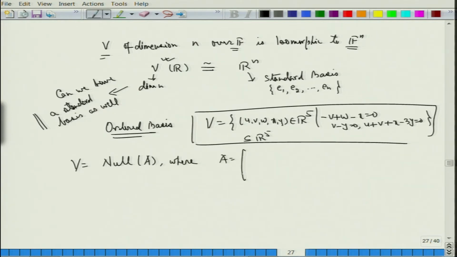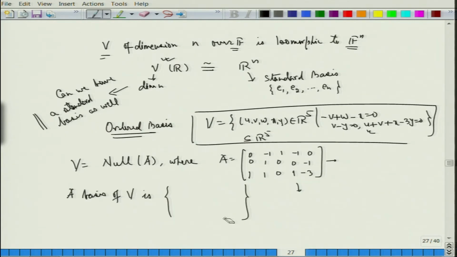Where A is, look at the component coming from u first, then v is minus 1, 1, 1, w is 1, 0, 0, then x is minus 1, 0, 1, and y is 0, minus 1, minus 3.